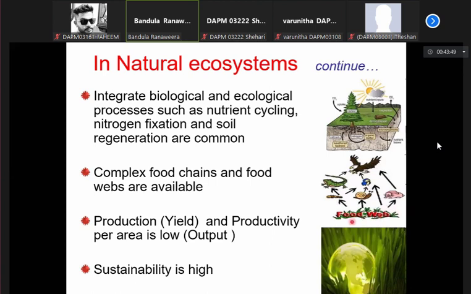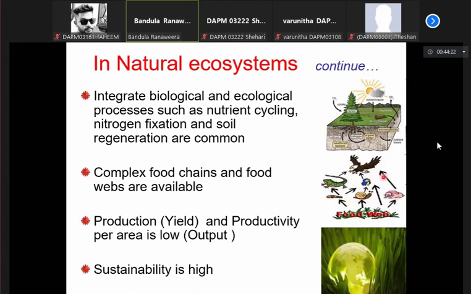On each and every plant there are many primary consumers, and then there are secondary consumers, or natural enemies of these primary consumers, living in the same environment.